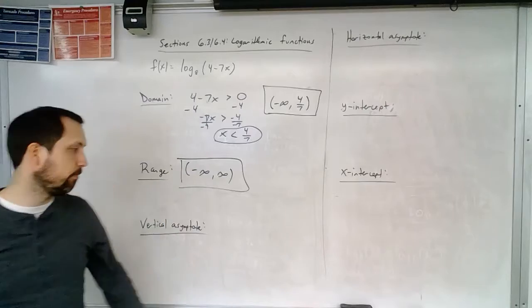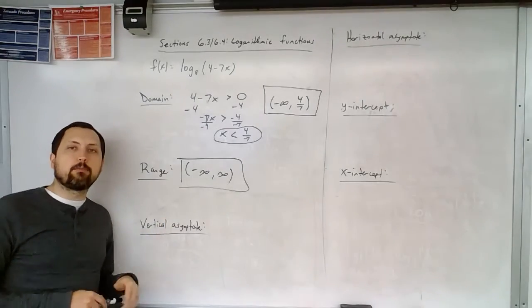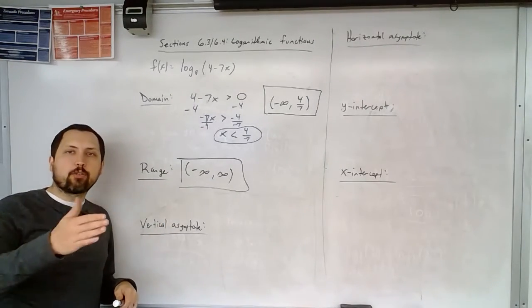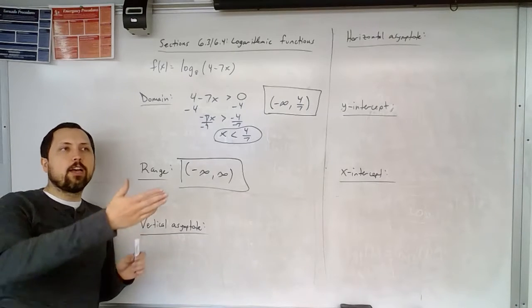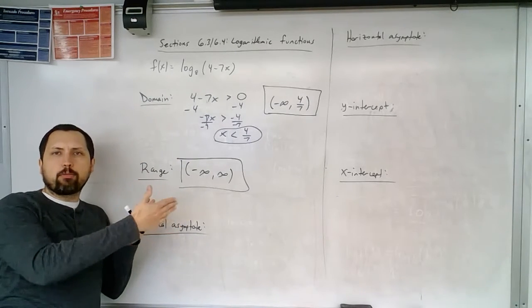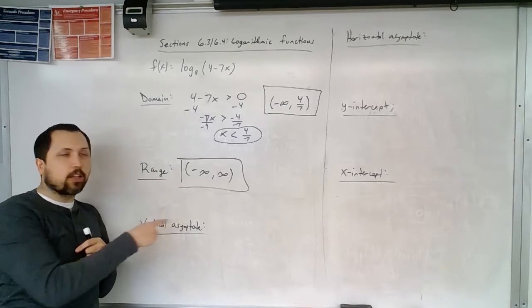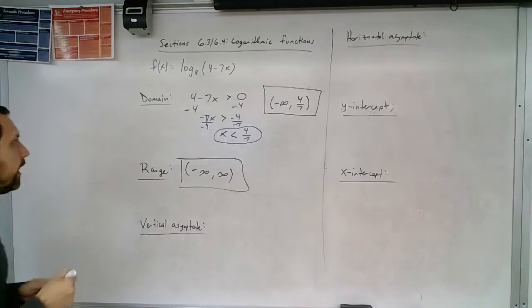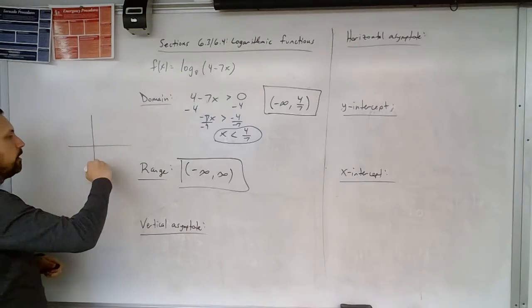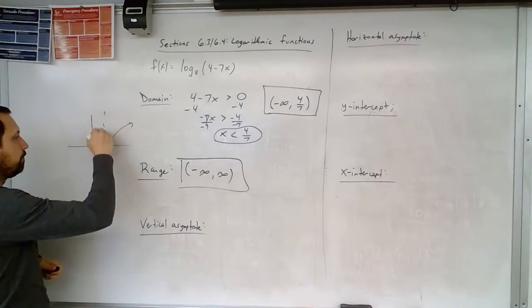Okay. Now the vertical asymptote, if you remember how we saw these graphs, how they looked, was that wherever this line was occurring, the vertical asymptote was appearing based off of the domain. So we had an example that maybe looked like the following here.